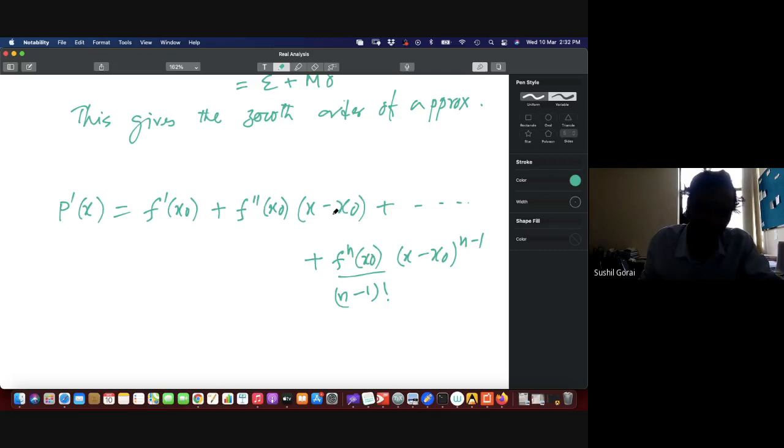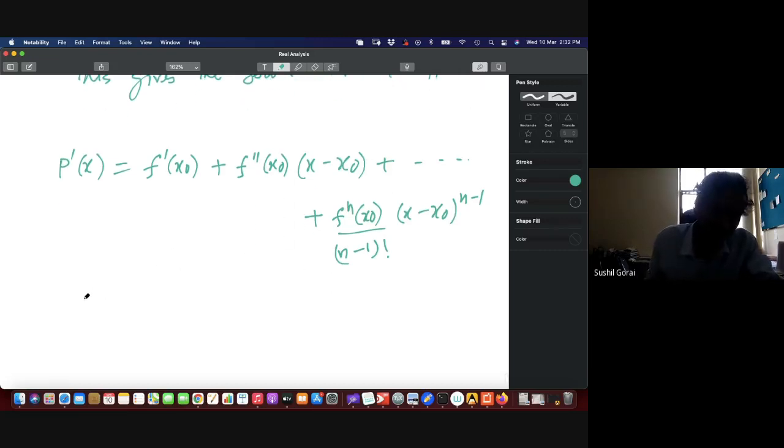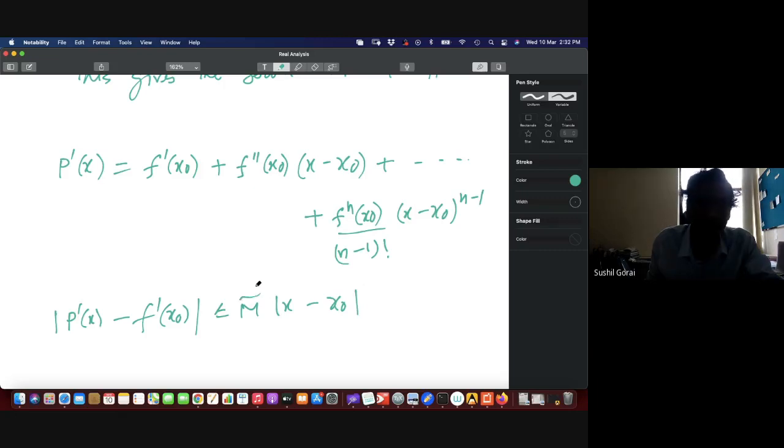So your derivative will be on this side only because the coefficients are constant. So again, p prime x minus f prime x naught is less or equal to m times x minus x naught, some m tilde, or maybe m1, yes.